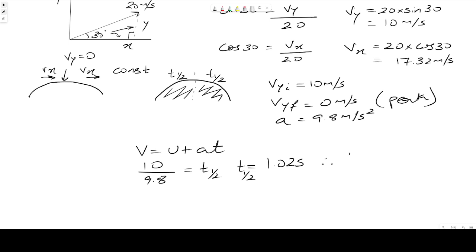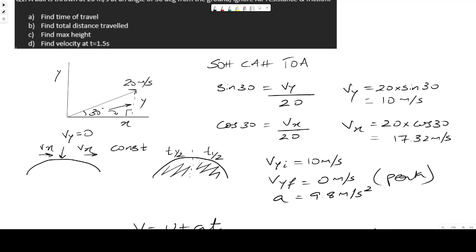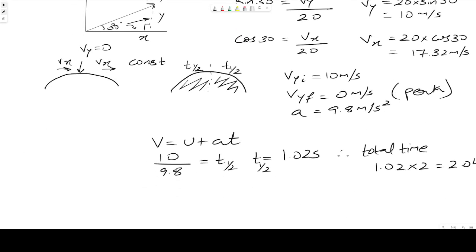Therefore, my total time is 1.02 times 2, which is 2.04 seconds. All right, now let's do part B, find the total distance traveled.